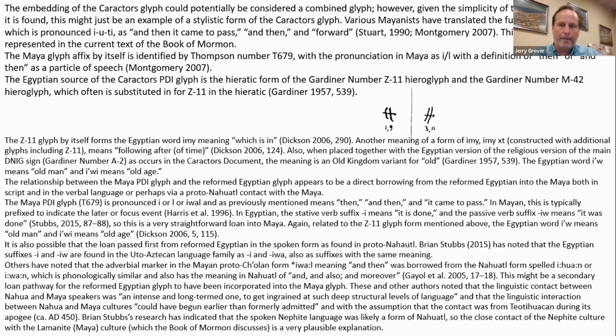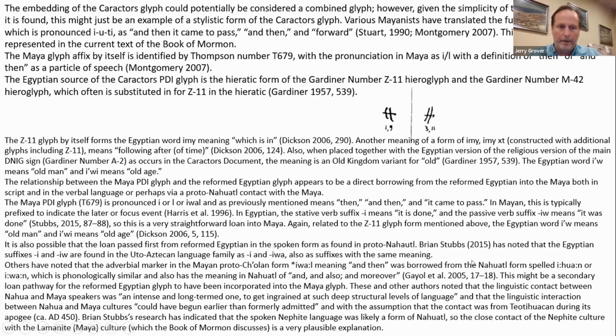Nahuatl was the language spoken by the Nephites, at least at some point in time. Whether it was borrowed early directly from some Egyptian that they had in hieratic, or whether it came later out of the modified language, whether Reformed Egyptian or Proto-Nahuatl or Proto-Aztecan, I don't know, but I'm just showing that the correlations are there.